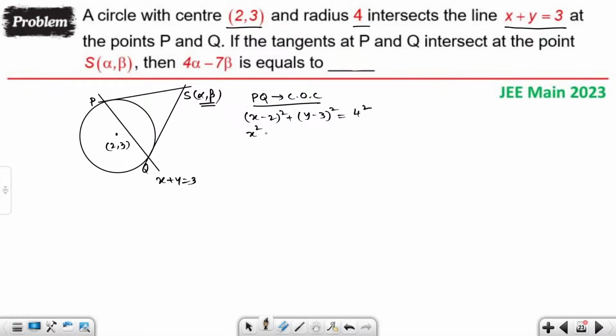So if we open, what we are going to have? Is it clear? So we are having 9 plus 4, that is 13, minus 16, minus 3 equals 0. That's it. So this is the equation of the circle. So what will be the equation of chord of contact?